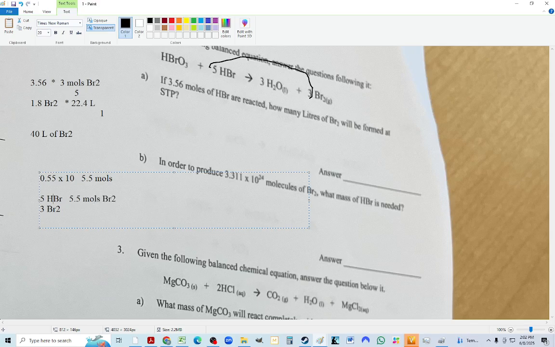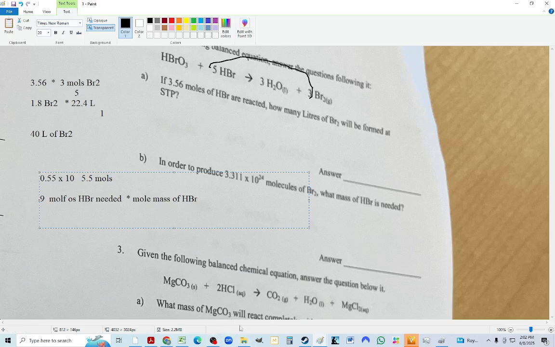Well, you can see top is roughly 27, and 27 divided by 3 is roughly 9. So you discover that there's 9 moles of HBr needed, and the Br2's cancel. But you're still not done there because they want mass. So that means you have to multiply this by the molecular mass of HBr. So you have to look that up. And then you get your answer.